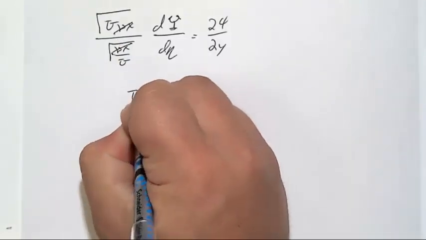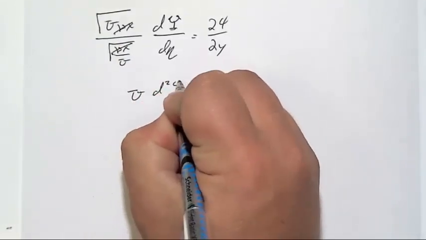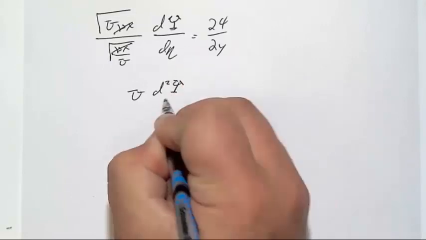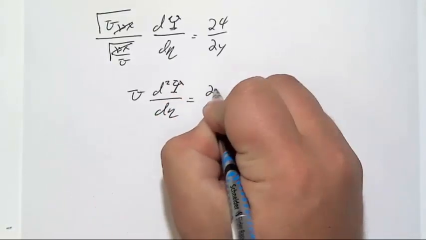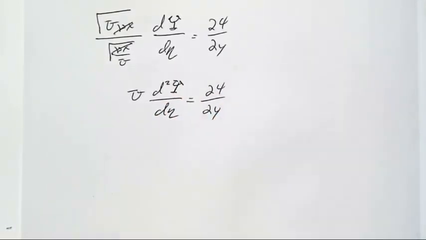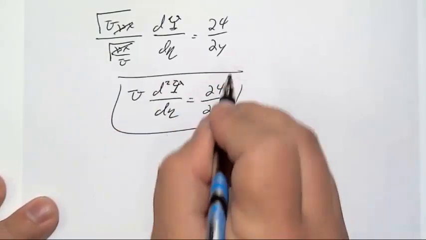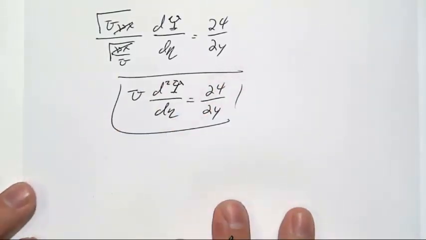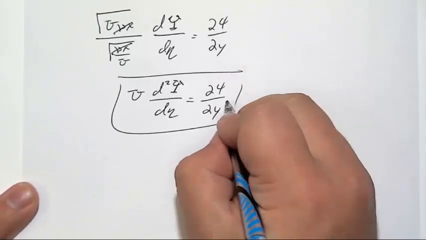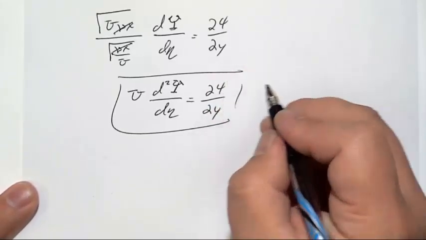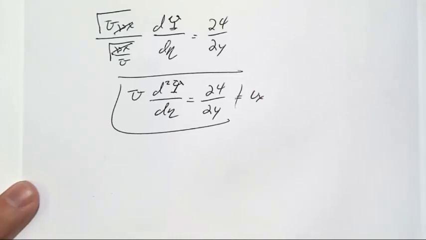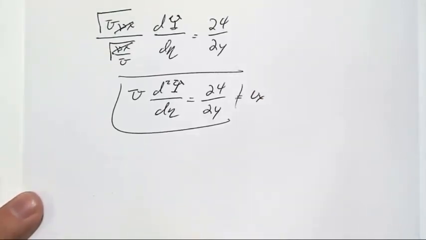So when we do this, this term cancels out, and then we're left with just u times the derivative of our modified stream function with respect to nu is equal to our partial stream function with respect to y. And also to note that the partial of the stream function with respect to y is also equal to ux, which is essentially what we're trying to solve for.